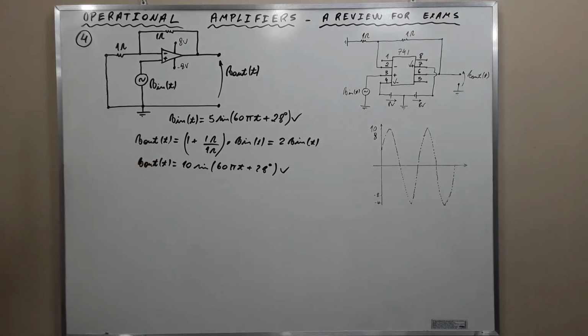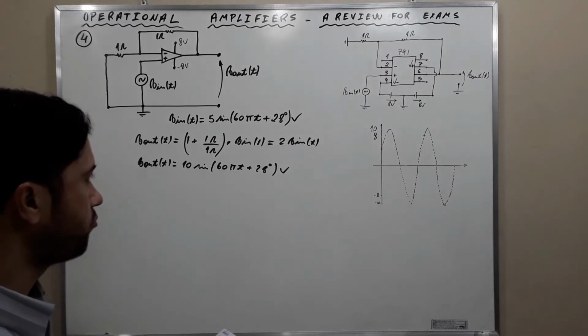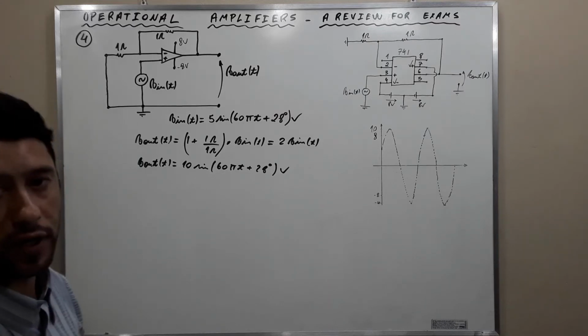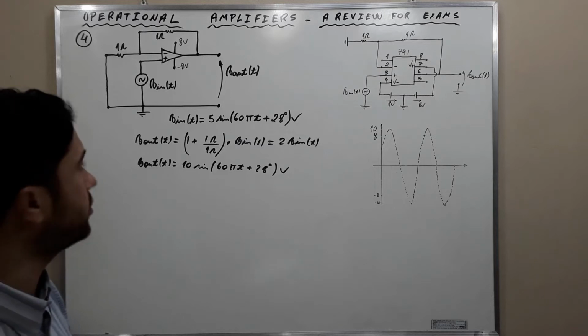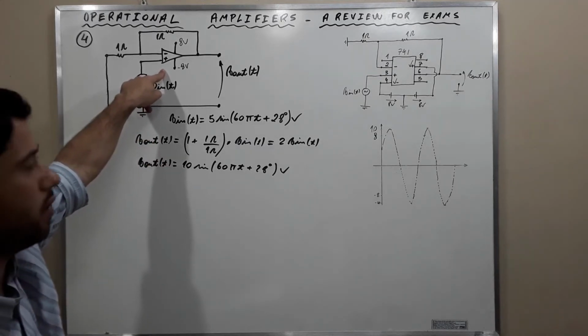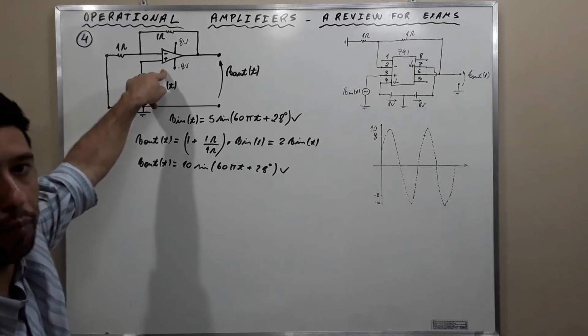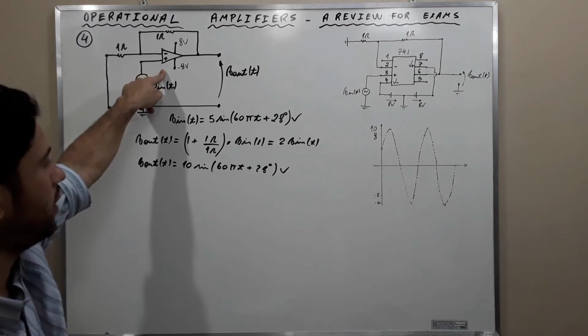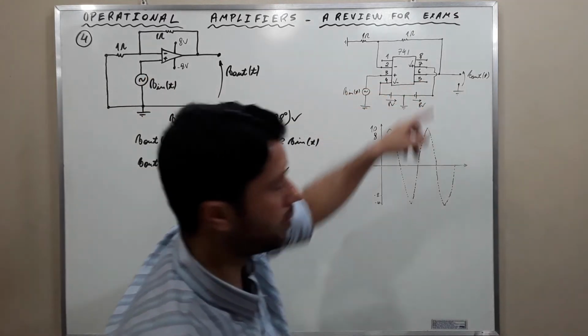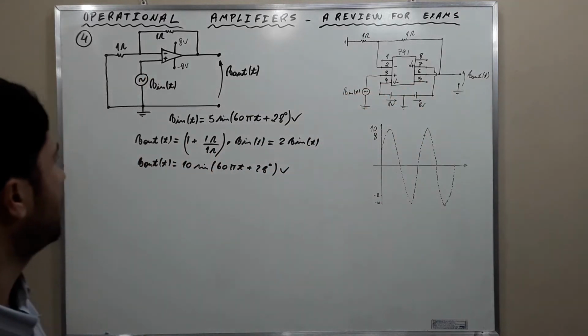All right. Now let's draw what the exercise wanted us to draw. Let's draw here. Okay. The first thing that we notice is that we are limited by the external power supplies connected to pins 4 and 7, okay.